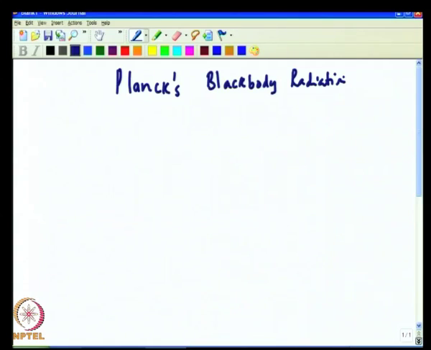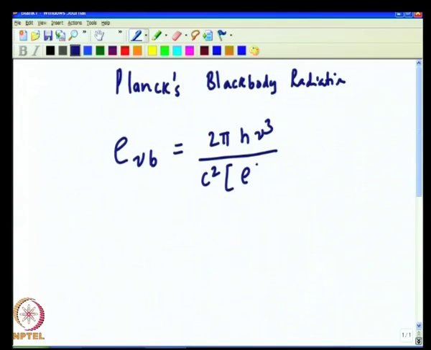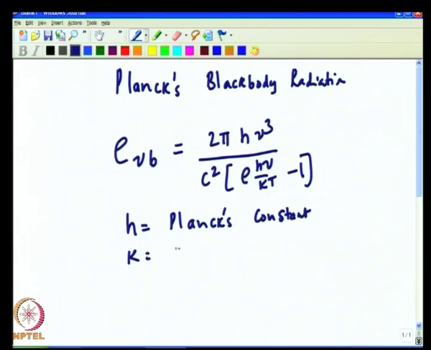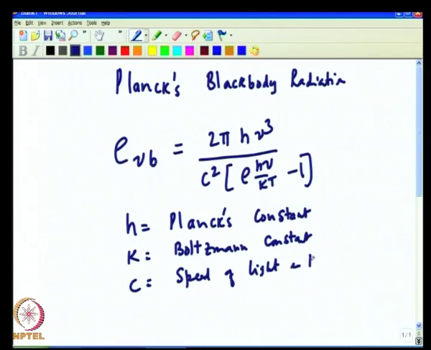And we saw that the Planck blackbody formula for emissive power was 2 pi h nu cube by c squared, e to the power h nu by k T minus 1, where h is the Planck's constant, k is the Boltzmann's constant, and c is the speed of light in the medium.